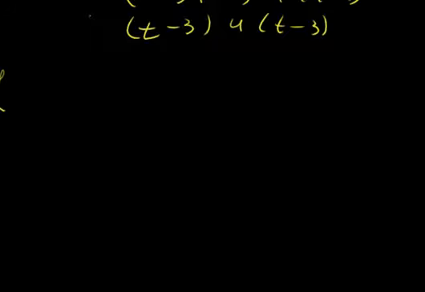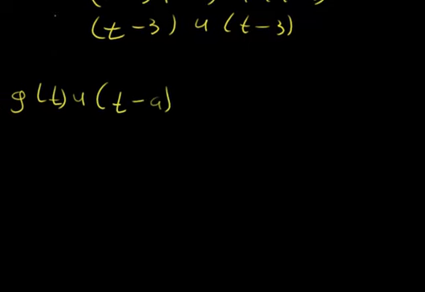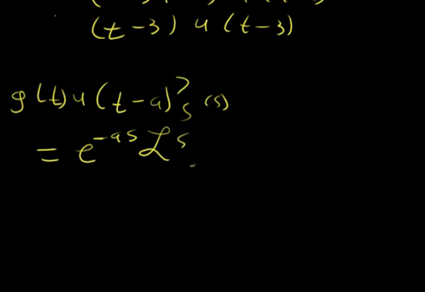So we look at the Laplace transform. It says the Laplace transform of g of t, u(t minus a), of s, is equal to e to the negative a s times the Laplace transform of g of t plus a, of s.